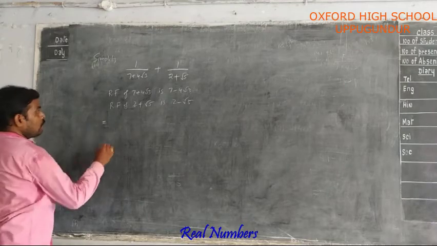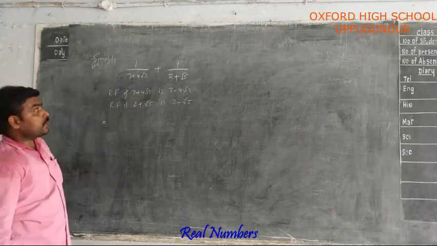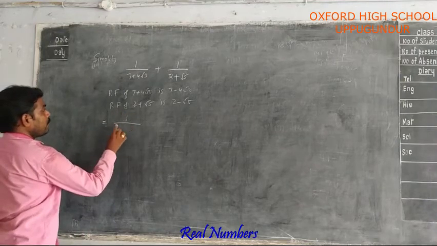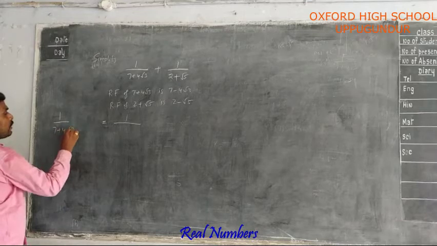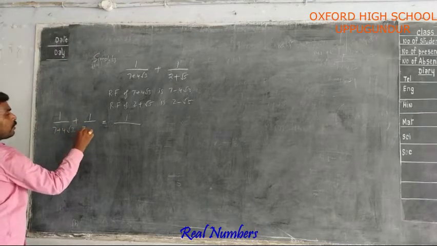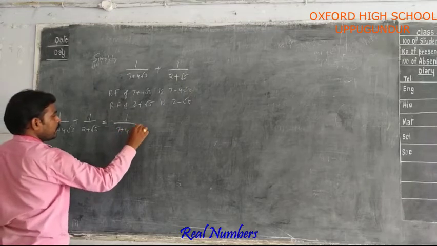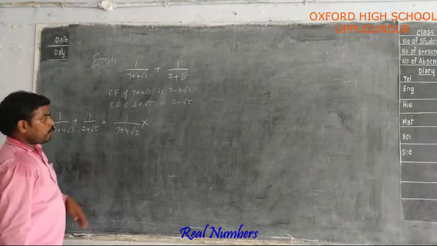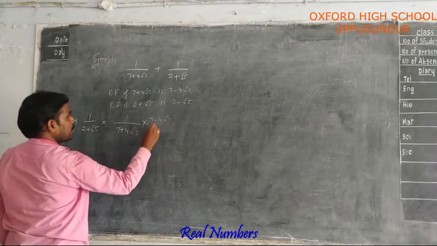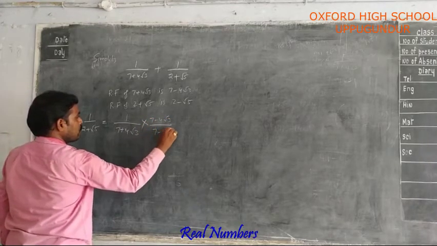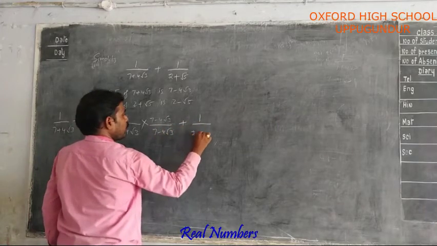Now, multiplying and dividing with the rationalizing factors, the first term is 1 by 7 plus 4 root 3 plus 1 by 2 plus root 5, equal to 1 by 7 plus 4 root 3 multiplied and divided with the rationalizing factor, so 7 minus 4 root 3 by 7 minus 4 root 3, plus 1 by 2 plus root 5.